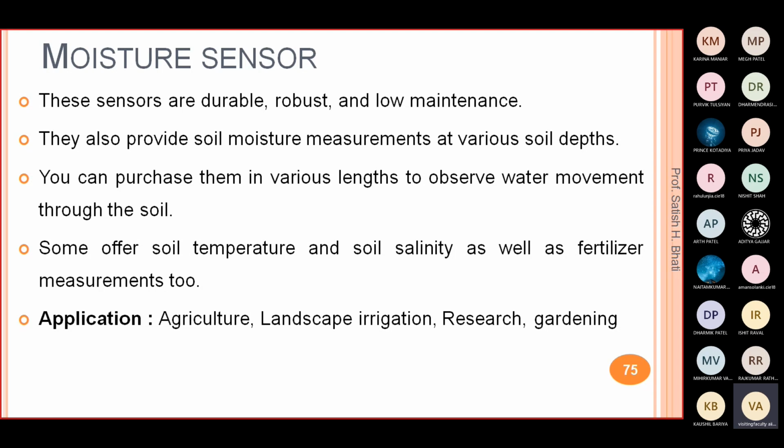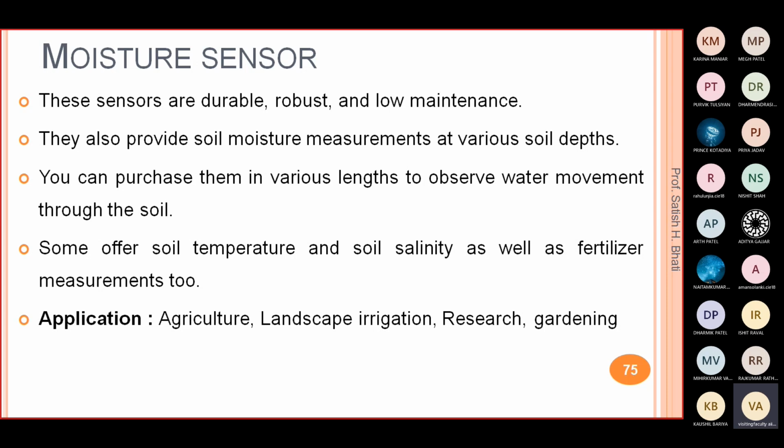You can purchase them in various lengths, so based on your application, at what depth you want to find the moisture level, you will choose the length. They are available in various lengths to observe the water movement through the soil.